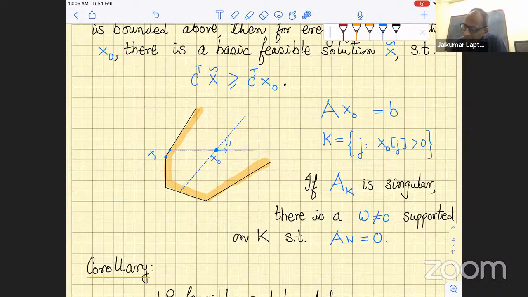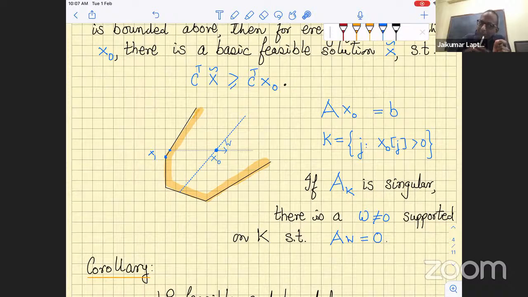Not in my picture, but in general, you could move in that direction indefinitely and never get any violation. That's not what we are going to do. If that is the case, then we move in the opposite direction. If we move in the opposite direction, some variable must be reducing in value, and there will come a time when we hit the wall. That is, we can't go any further, and we still will be left with a solution.